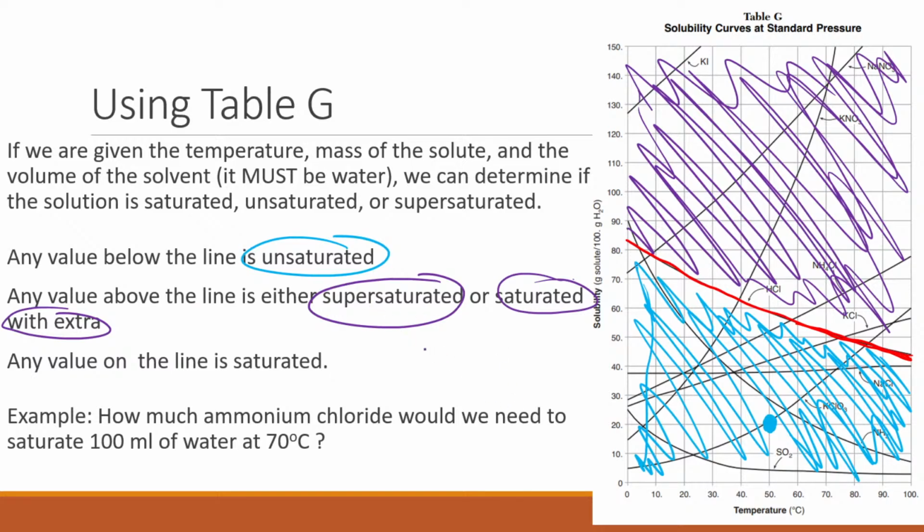If they're telling you about a solution that has no solid, but is above the line, that's supersaturated. If they're telling you about a solution that's above the line, but has solid at the bottom, that's saturated with extra. Lastly, any value on the line itself is saturated. So any of the points that are directly on the bold line.